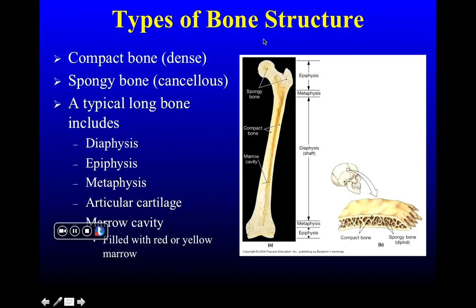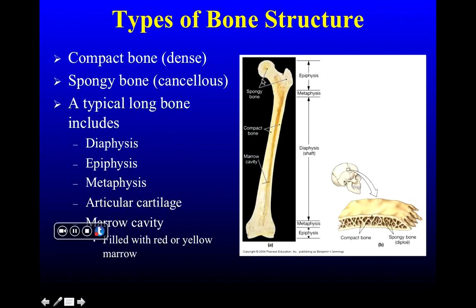So let's just look at the parts of a bone. Specifically, we'll look at a long bone. This long bone here, you notice that the area up here and most of this area, the same down here, has this spongy looking bone. As you get to the outer edge, it's more compact.